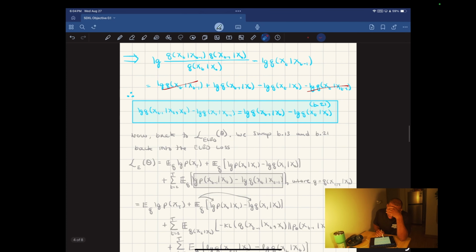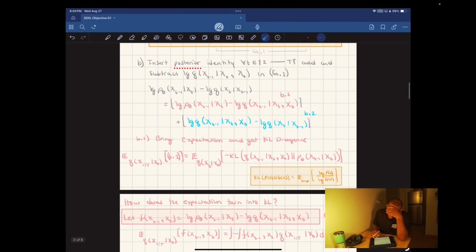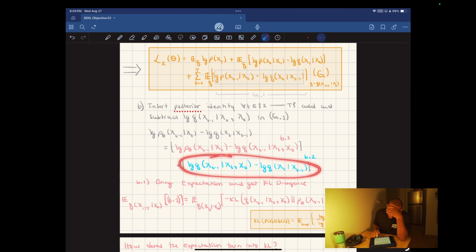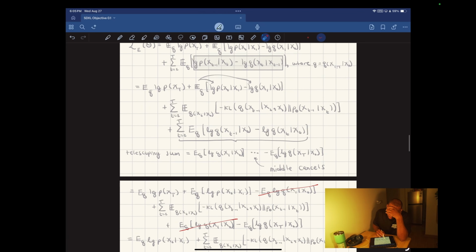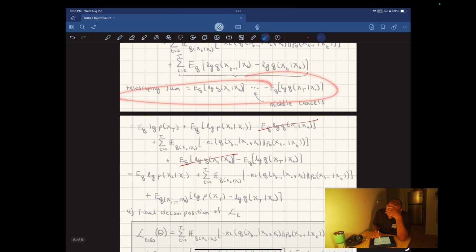And then once we handle the other part of this, what was inside the expectation here, we can come back to our original loss and expand everything out with our replacements. We telescope, we find that everything cancels. So we can rewrite this as these two.